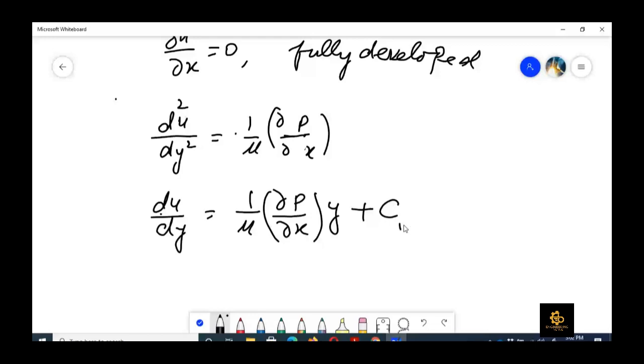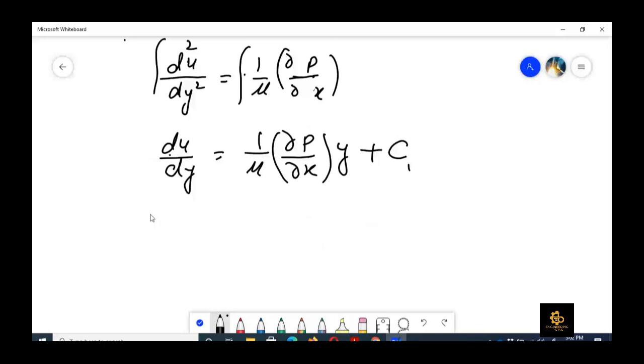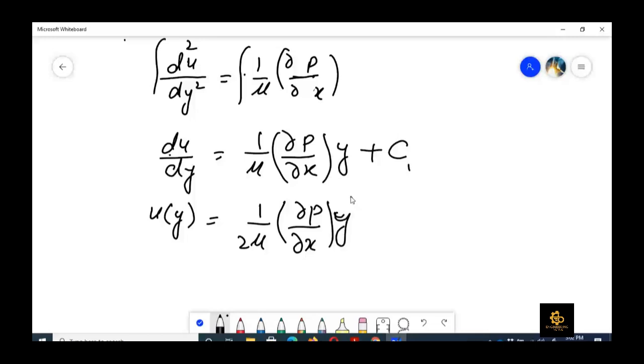Now if we want to find the value of u, which is a function of y, it would be equal to 1/2μ ∂p/∂x y² plus C1 y plus C2. Since we have integrated a second time, there is another constant, C2, which comes from the second indefinite integration.